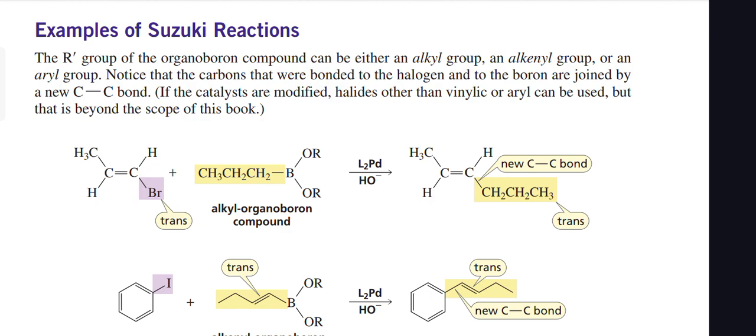Examples of Suzuki reactions: the R' group of an organoboron compound can be either an alkyl group, an alkenyl group, or an aryl group. Notice that the carbons that were bonded to the halogen and to the boron are joined by a new carbon-carbon bond. If the catalysts are modified, halides other than vinylic or aryl can be used, but this is beyond the scope of this book.